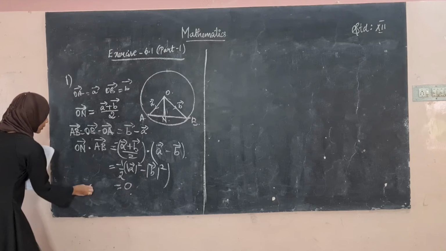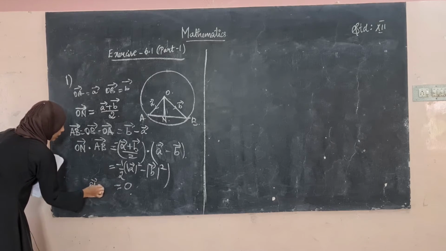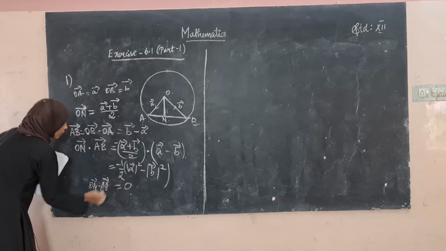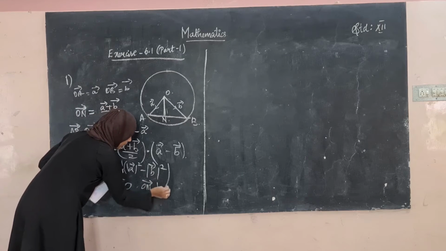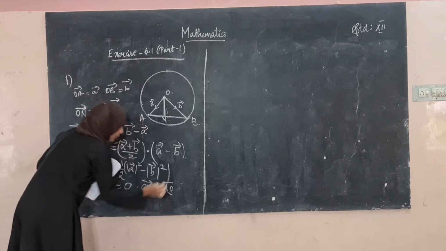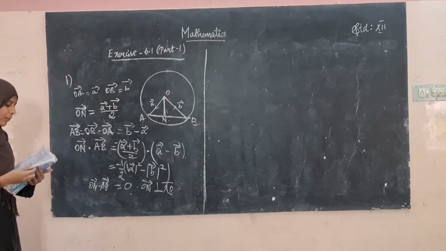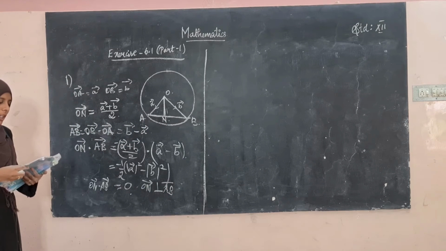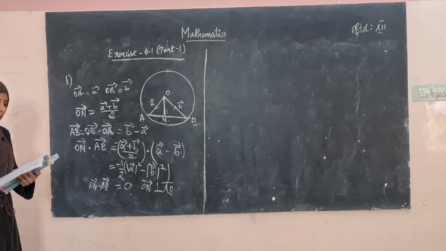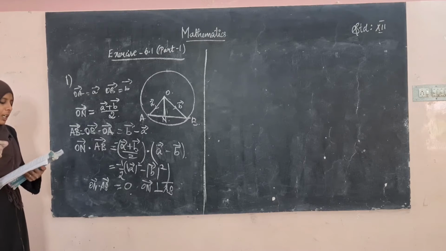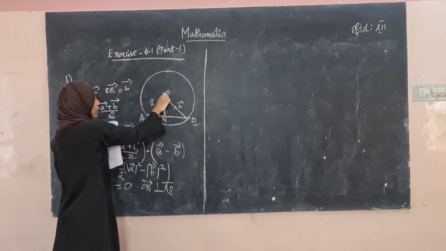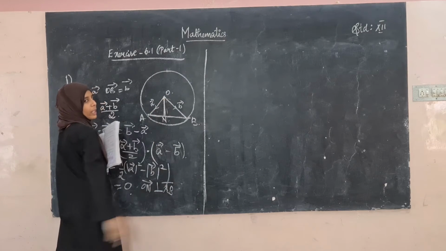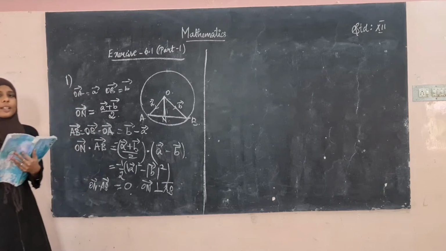So ON vector dot AB vector is equal to 0. Therefore, ON vector is perpendicular to AB vector. That is what we had to prove: a line drawn from the center of the circle to the midpoint of the chord is perpendicular to the chord. AB is the chord, and the line drawn is ON. So ON is perpendicular to AB, hence proved.